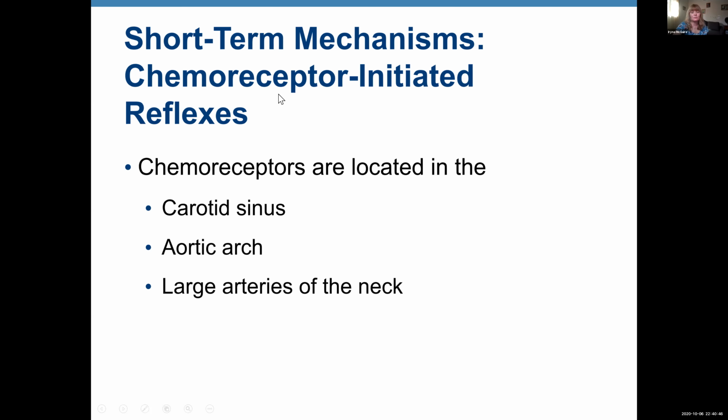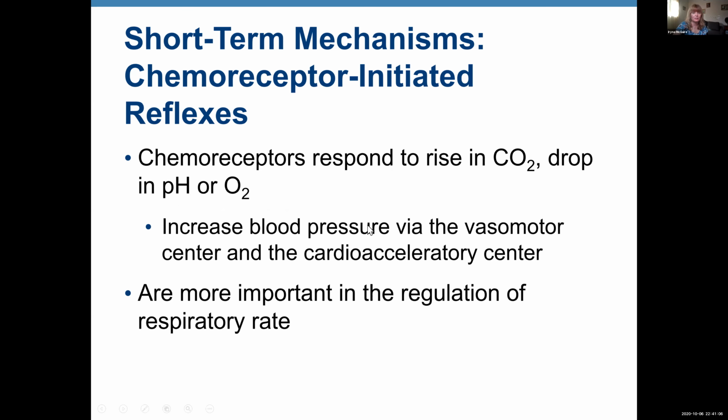This mechanism is not used that much to regulate your heart rate and blood pressure; it's mostly used to regulate your breathing rate. So it's not that important. It says over here, more important in regulation of respiratory rate than blood pressure.